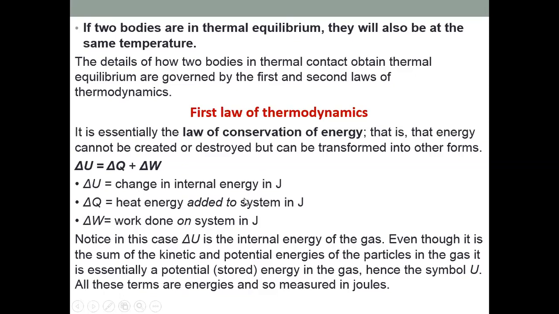This is the internal energy of the gas. It is the sum of the kinetic energy and potential energy of the particles in the gas. The symbol U is going to represent internal energy here. We are not going to confuse these two with other parts.